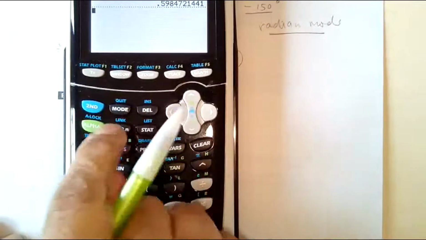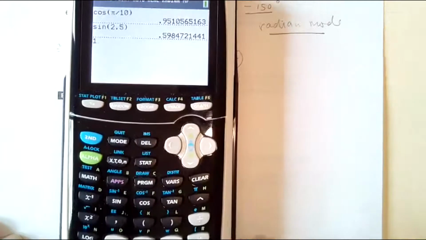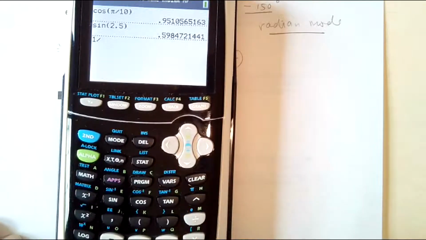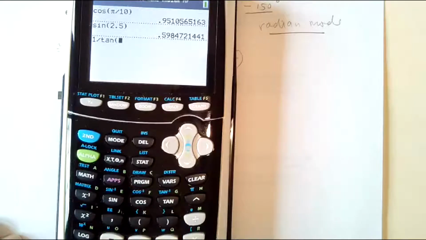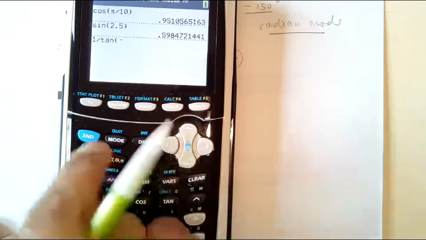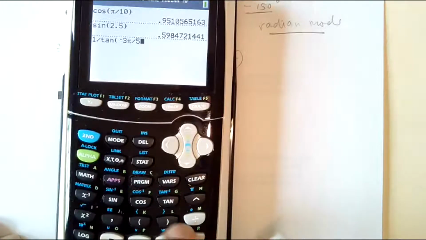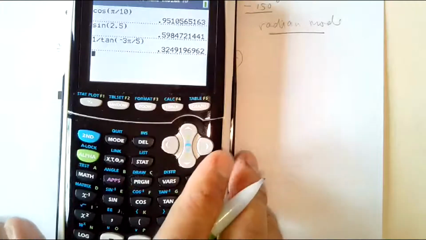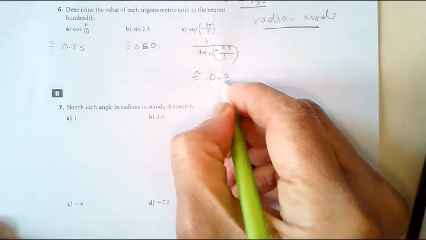So we'll have 1 divided by tan, open bracket, negative 3 pi divided by 5, close bracket. 0.32. So this is approximately 0.32.